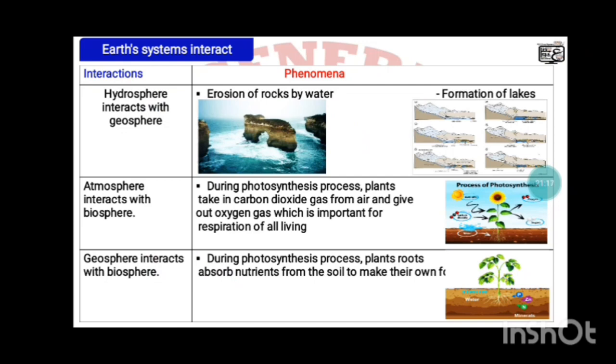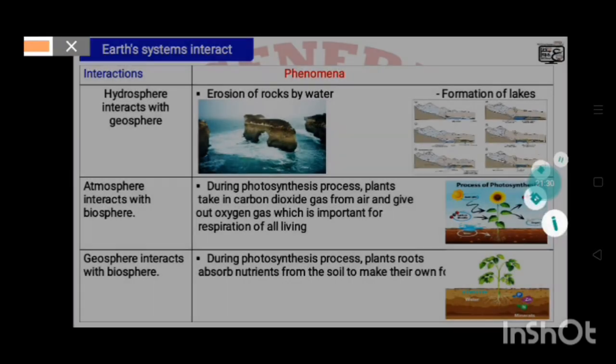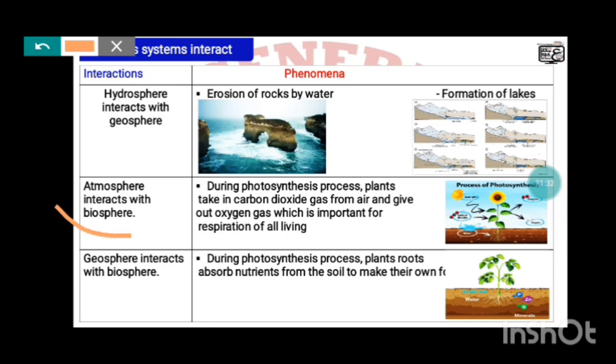Earth systems interact. Interaction between hydrosphere and geosphere: erosion of rocks by water, formation of lakes. Interaction between atmosphere and biosphere: during the photosynthesis process, plants take in carbon dioxide gas from air and give out oxygen gas, which is important for respiration of all living organisms.